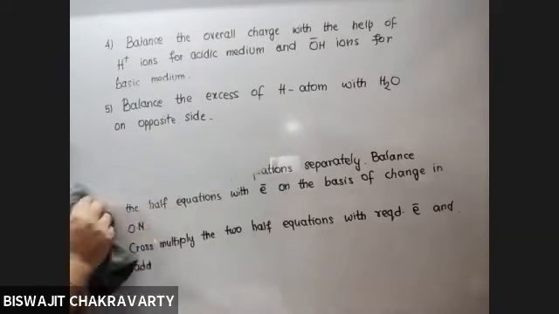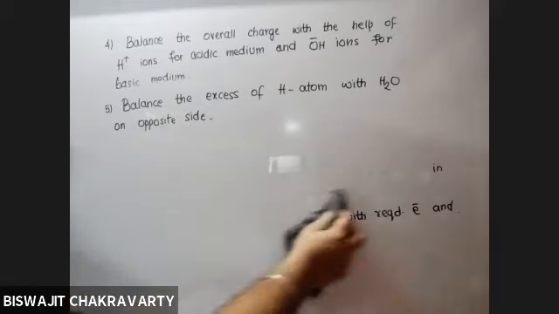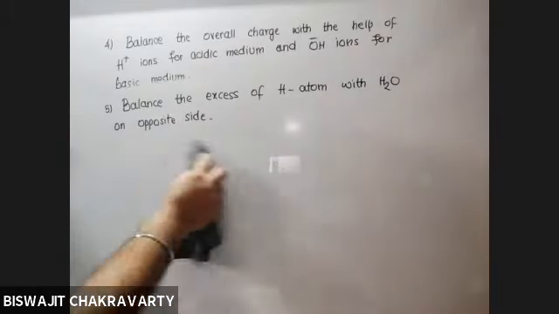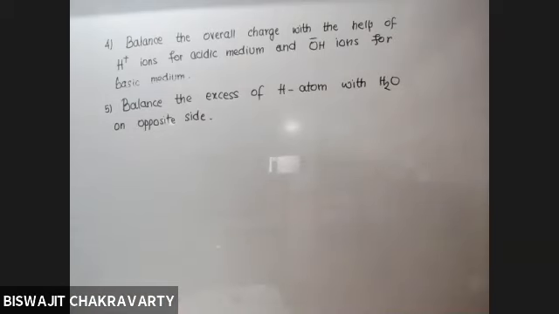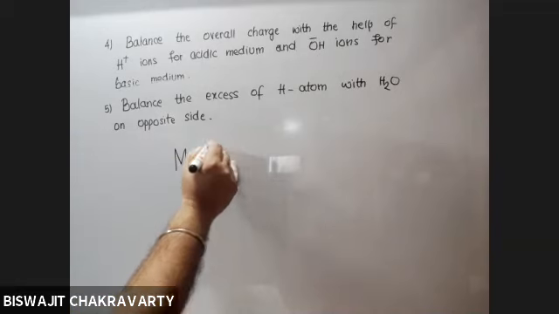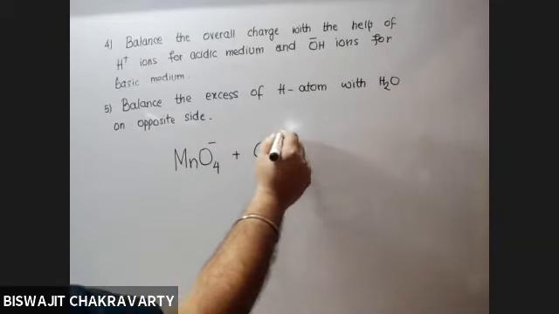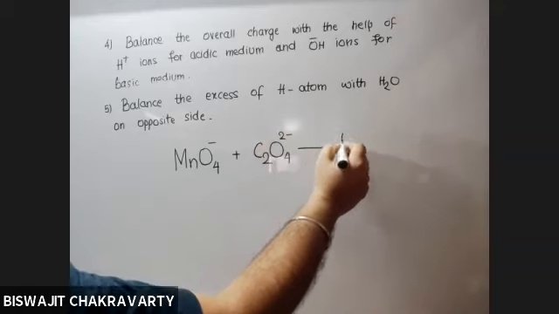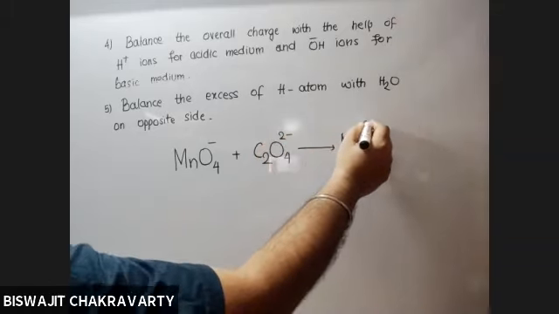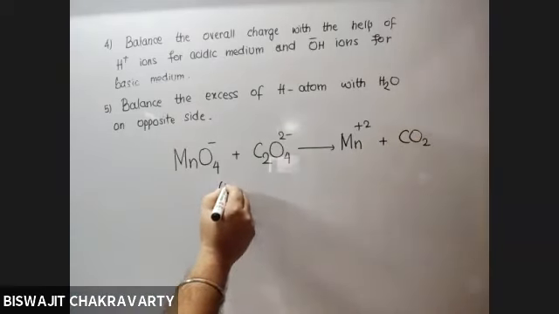Okay. So those who have completed, you try out this yourself first. And if you are not able to, obviously I'm there to help you out. MnO4 minus plus C2O4 2 minus gives Mn 2 plus plus CO2 in acidic medium.